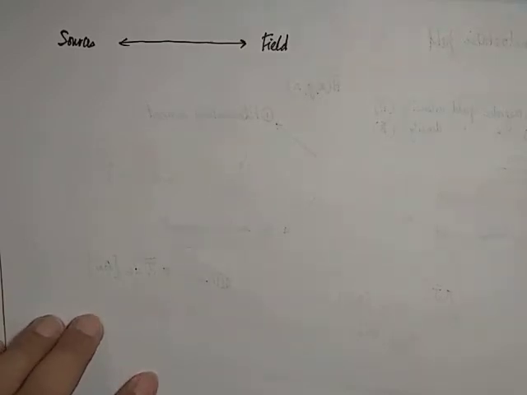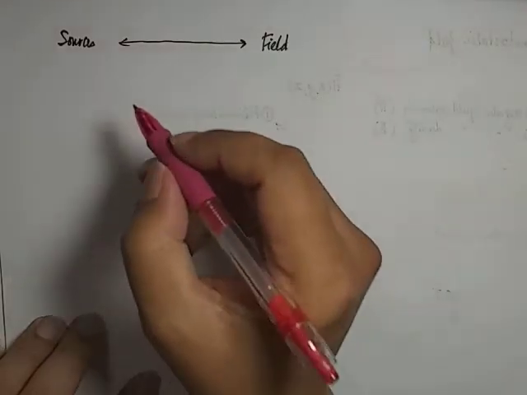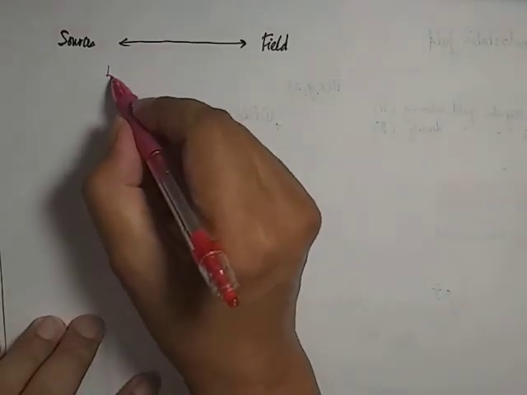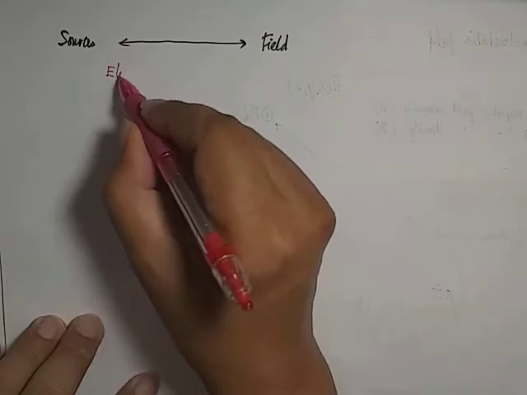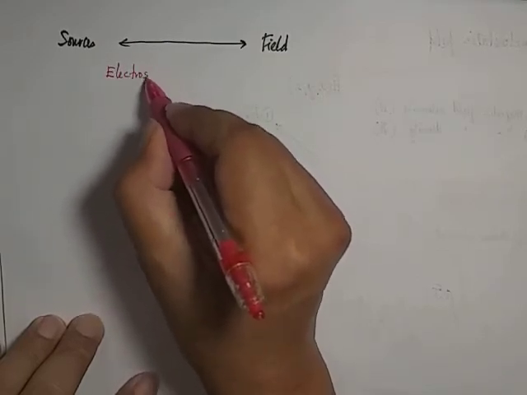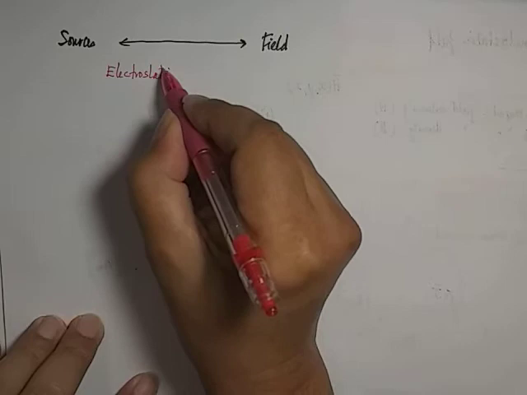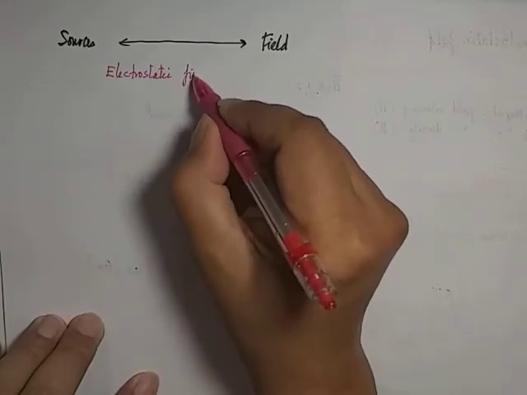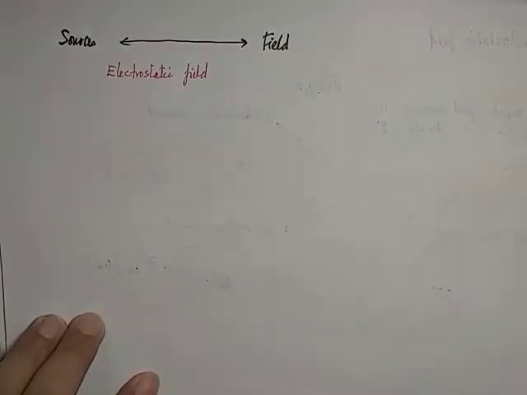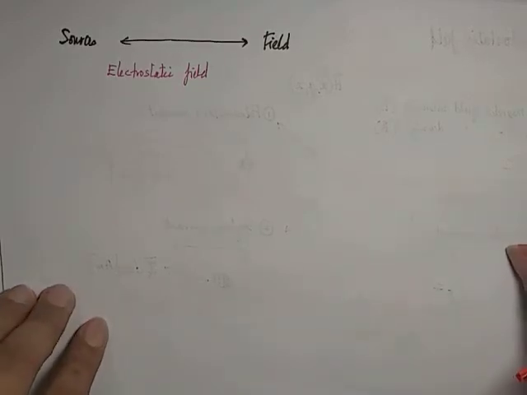Let's recall the first type of field that we have seen, electrostatic. I'm going to represent my electrostatic with red color. This is like revision here.